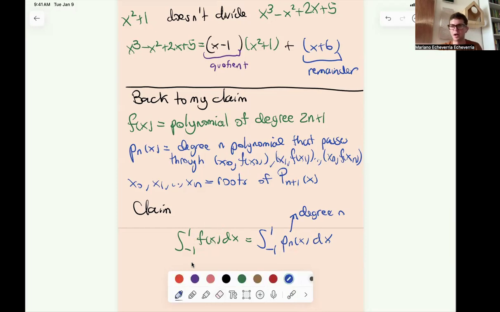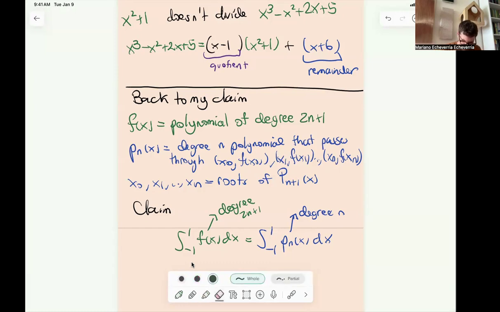So it's kind of miraculous that they would have the same integral. That's the useful thing to notice, and it's not obvious at all. That's what I'm going to try to explain to you. So why does that happen?